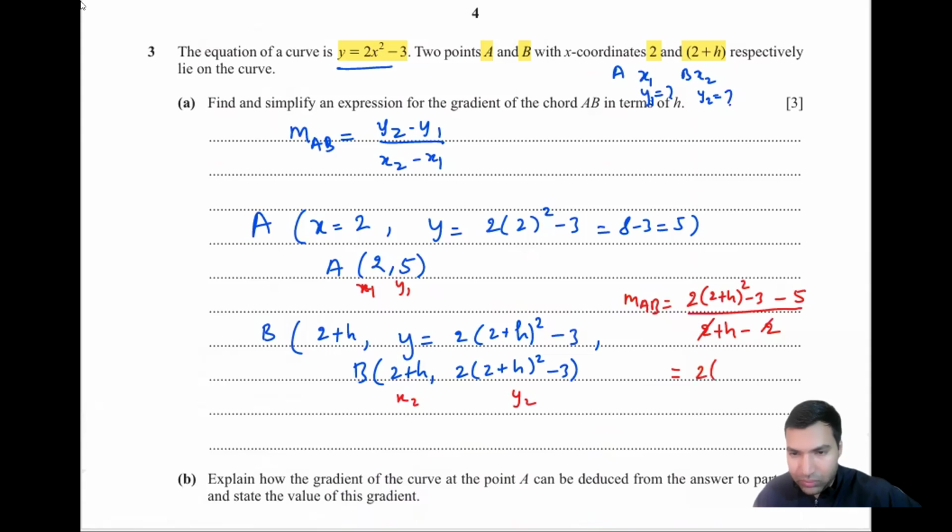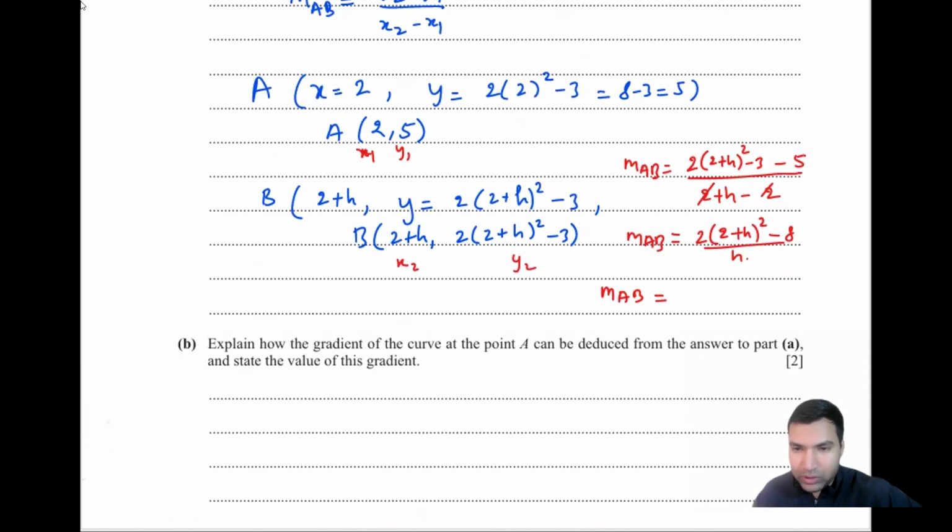We get 2 times (2 plus h) whole squared minus 8 over h. So that is m of AB. Now if I expand this, (2 plus h) whole squared is 2 squared, which is 4, plus 4h plus h squared.